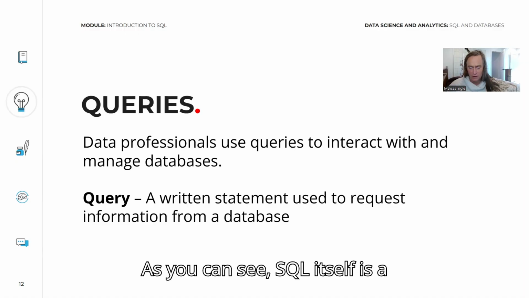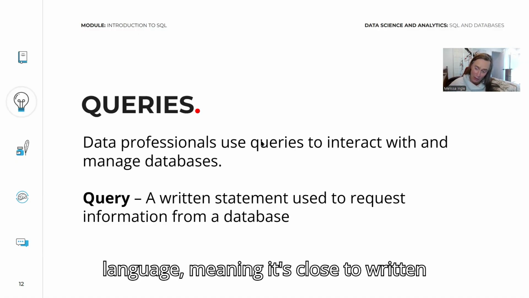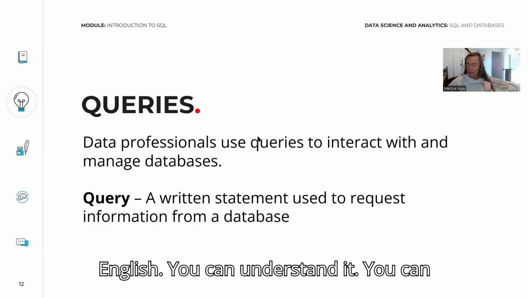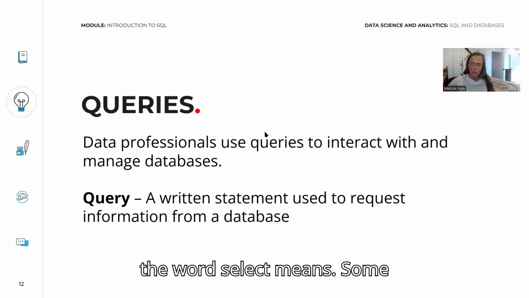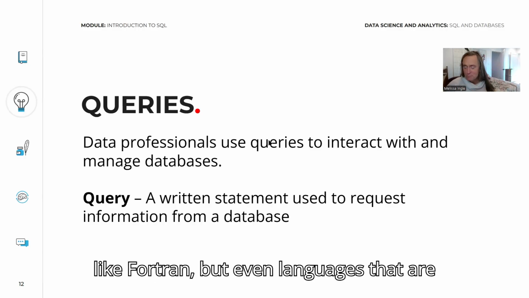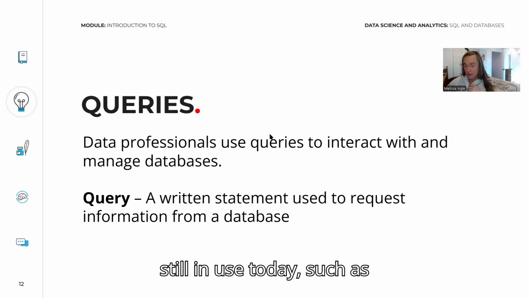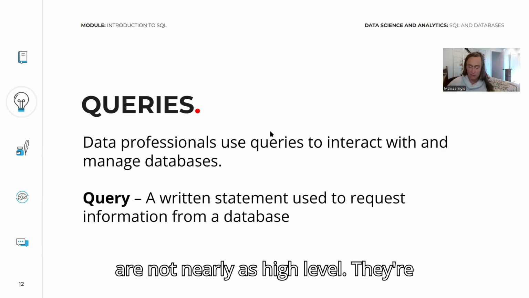As you can see, SQL itself is what's called a high-level language, meaning it's close to written English. You can understand the word select, even if you don't know what it does. Some languages, particularly older languages like Fortran, but even languages still in use today, such as C++, are not nearly as high level.